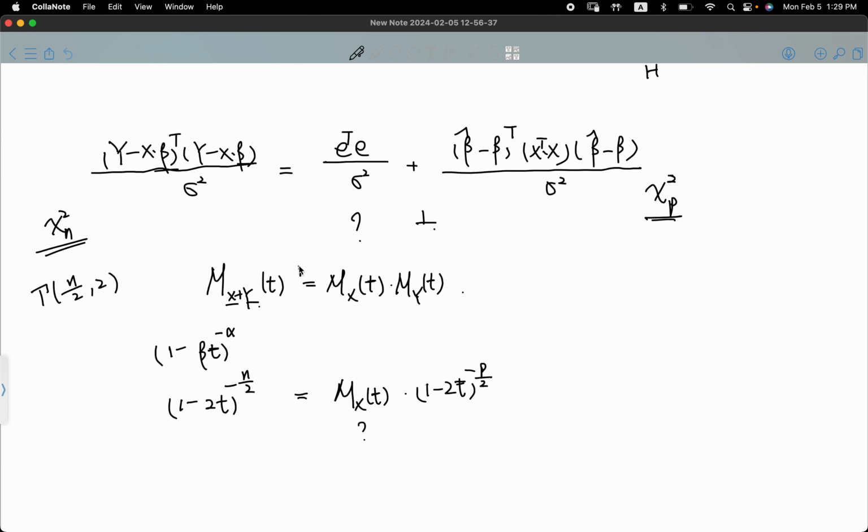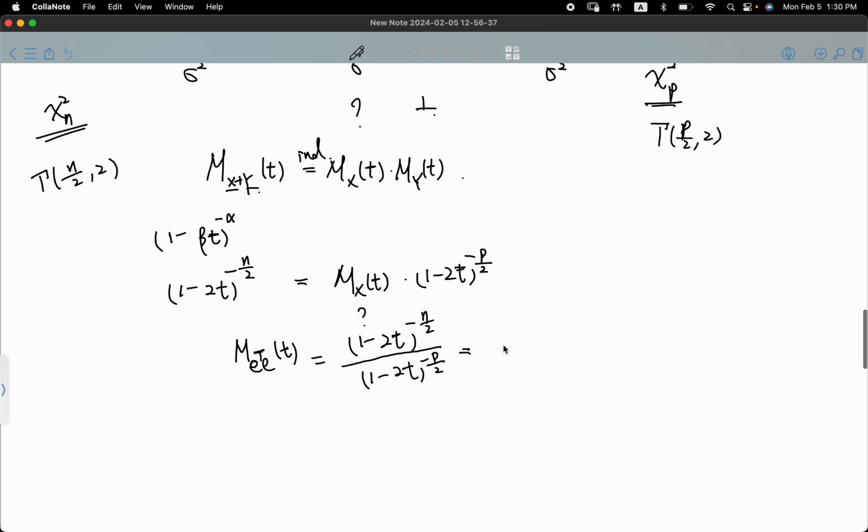And because we know that they are independent based on the covariance that we got earlier, finally we have the moment-generating function for the residual, or actually E transpose E, is 1 minus 2t to the negative n over 2, over the moment-generating function of a gamma distribution with alpha equal to p over 2, which is 1 minus 2t to the negative p over 2.